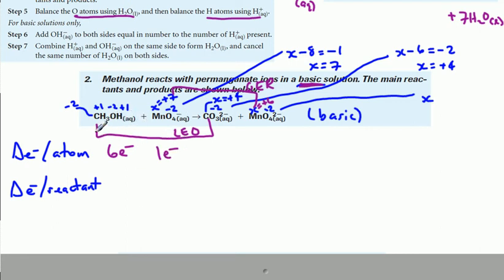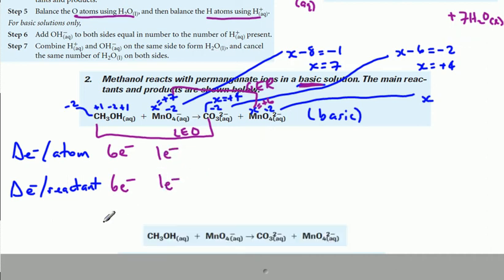There is only 1 carbon in this formula, so this number is going to stay the same, and there's only 1 manganese in this formula, so this number is also going to stay the same. So that means that we need to multiply this side by 6 and this side by 1. So that tells us that these coefficients over here are going to be 1 and 6.